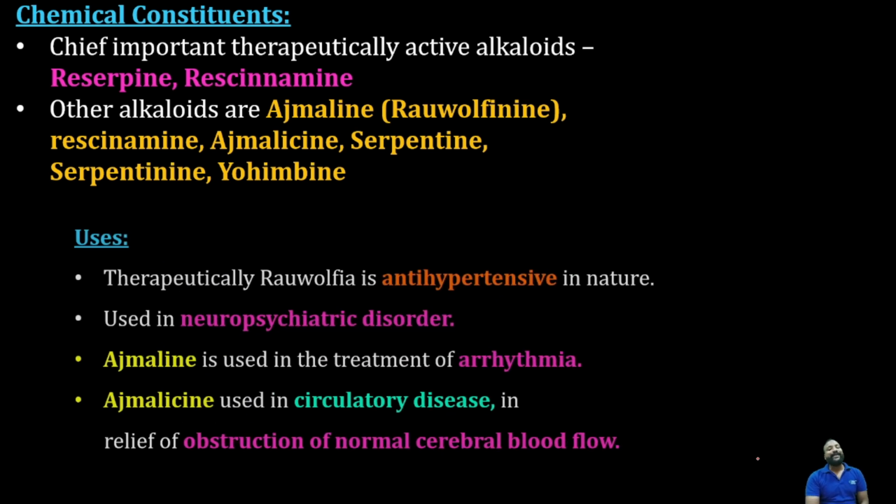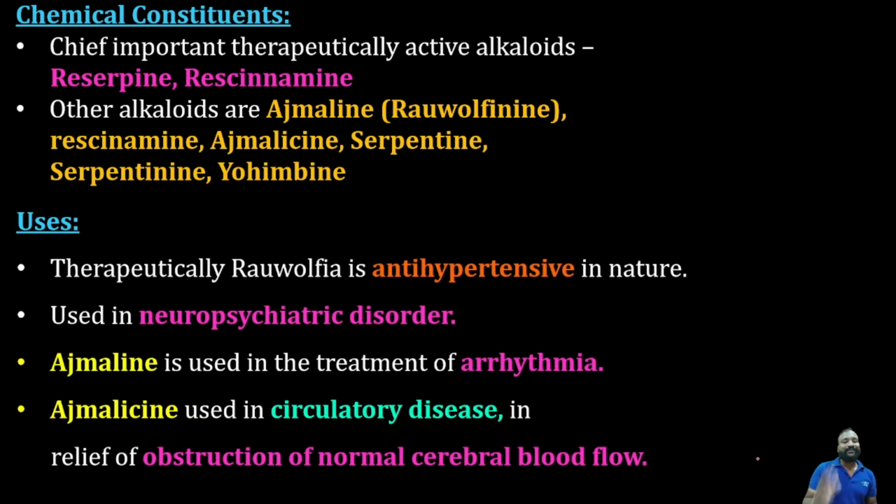We'll see the chemical constituents of this Rauwolfia. I said that from Rauwolfia serpentina we got the name itself, denoting reserpine. This is the chief constituent. Others are rescinnamine, serpentine, and serpentinine.